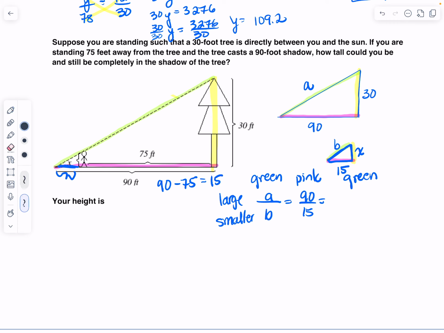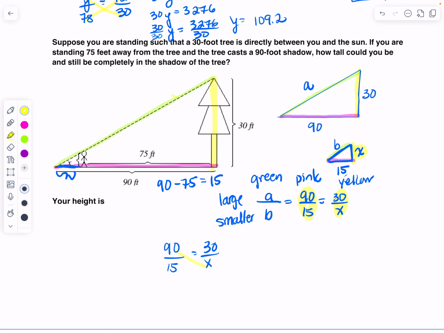So no, it doesn't equal green, it equals yellow. So let's do yellow. Yellow, which the larger triangle is 30 over the side X. Okay, I'm going to have to use pink because those two sides are known in that ratio. And then remember, I'm trying to find the height of the person, and the height of that person is X. So I'm going to use yellow, which is 30 over X. So I'm going to put 90 over 15 equals 30 over X.